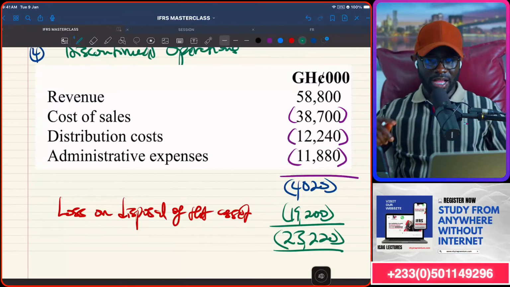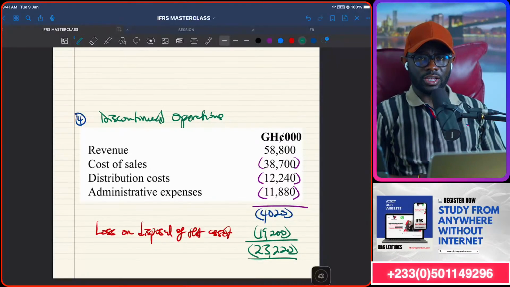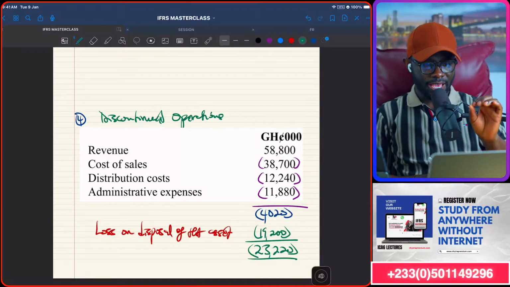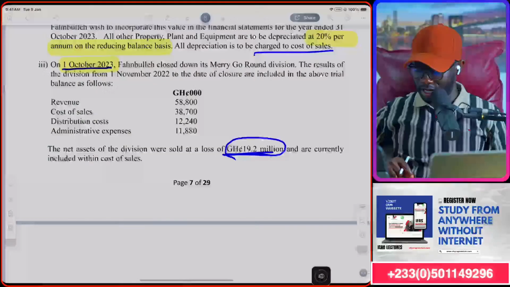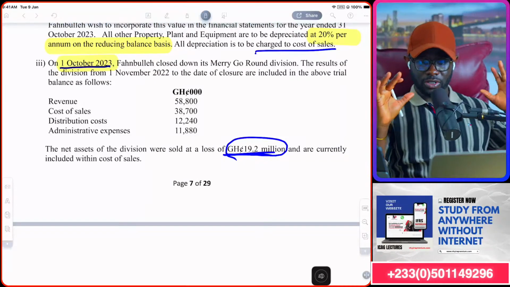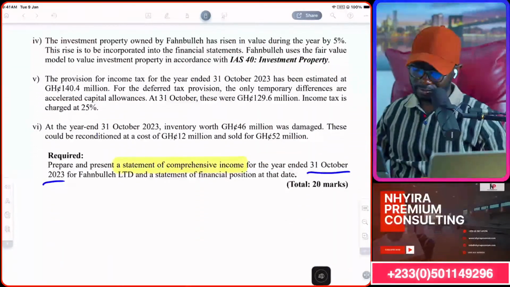And this will come as a line item on the statement of financial performance or the profit or loss account. That is the idea about how you deal with that footnote there. Very important. Very important. Okay.